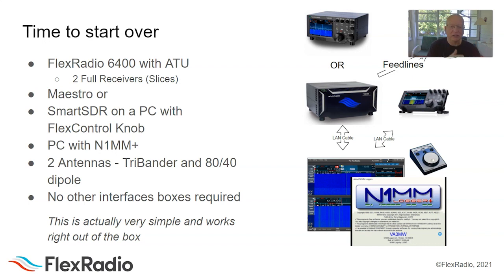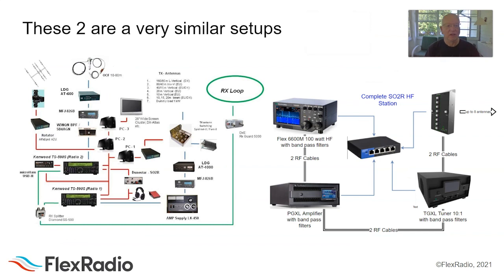So digress a little bit because we will have this hybrid phase. And while the Flex can do both parts of the Flex 6000 series, these are two very similar setups. The one on the left is a full-blown SO2R station showing just the information communication between the devices, and the same thing on the right.